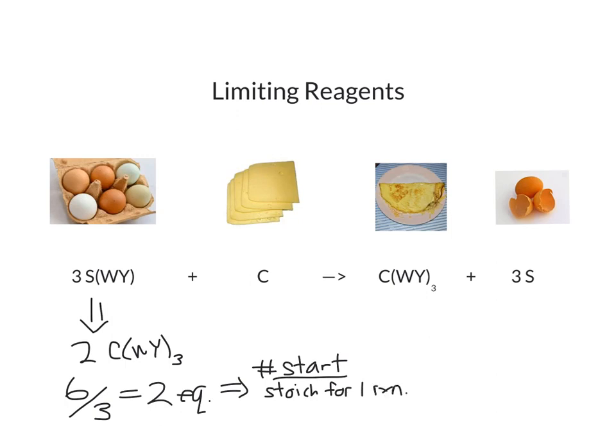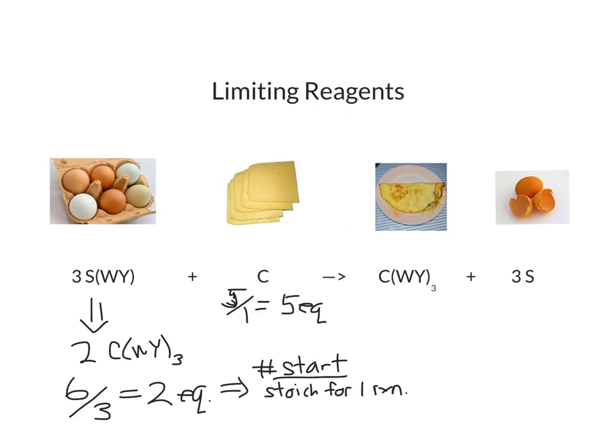So if we think about that in the same way for the cheese, we can see that we have 5 slices of cheese, and it takes 1 slice of cheese to make 1 omelet, and so we can make 5 omelets, or we have 5 equivalents of cheese.